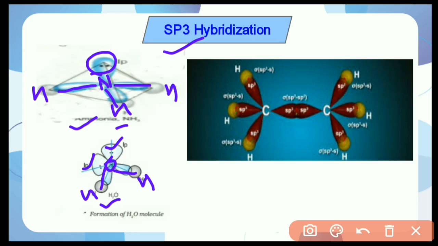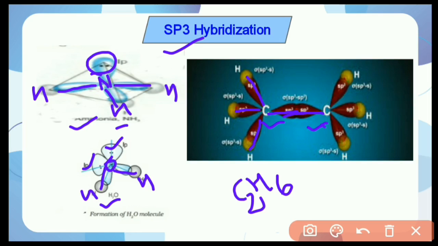The next example is C2H6, ethane. This is an organic compound, and in this organic compound sp3 hybridization occurs. Here, both carbon atoms are sp3 hybridized, and the hybridized orbitals form 3 bonds with hydrogen and 1 bond with carbon, so its valency of 4 is satisfied.